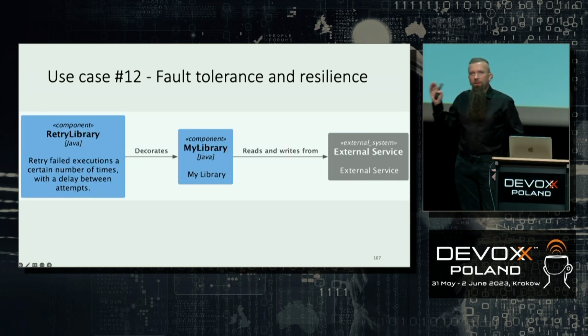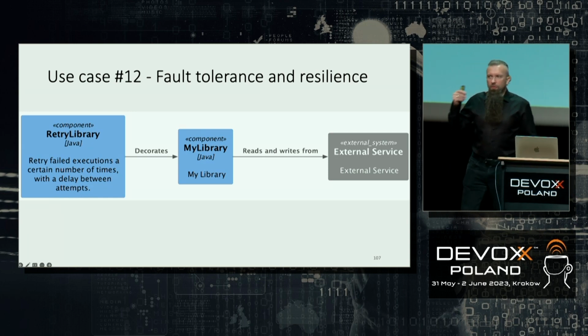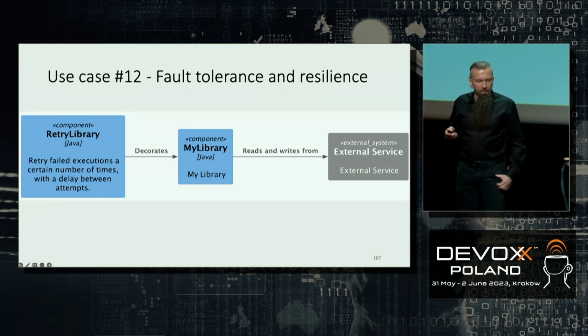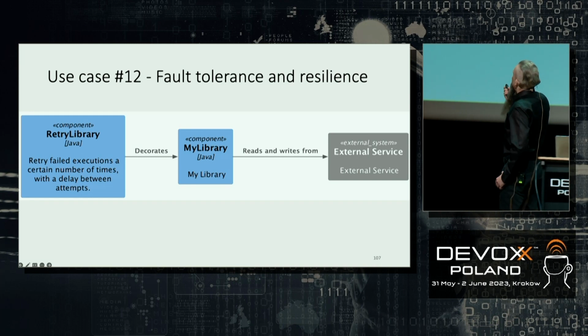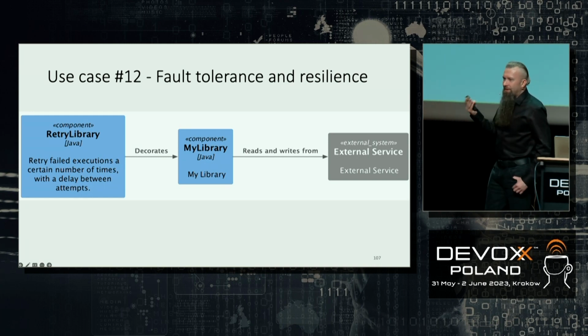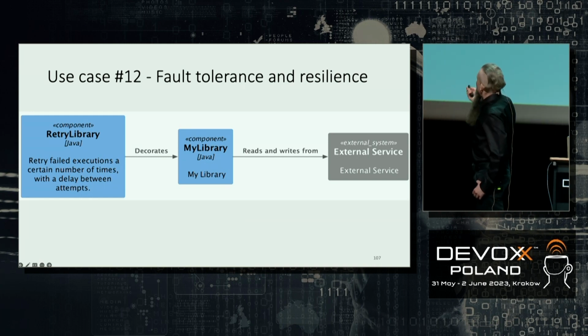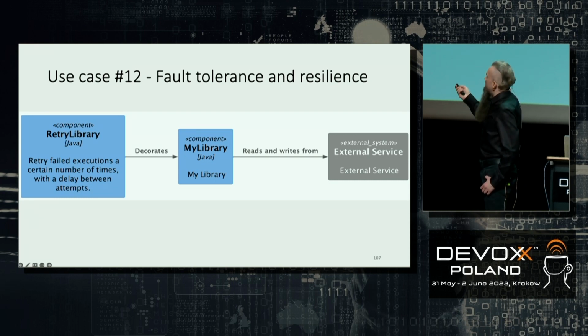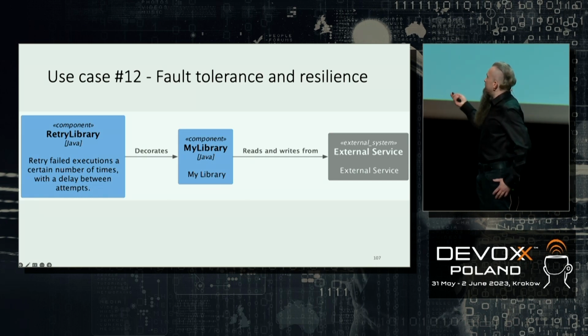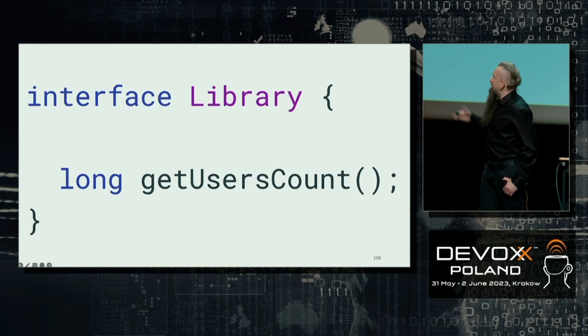How can we achieve that? We can use, for example, the well-known decorator pattern. Instead of putting the fault tolerance and resilience in my library, let's decorate it with the retry library. The retry library will retry failed executions a certain number of times with a delay between attempts.